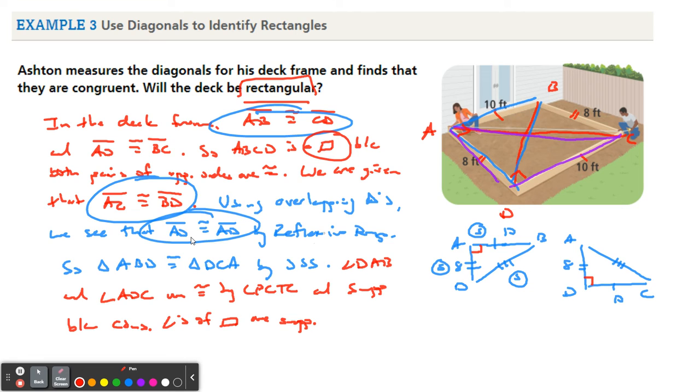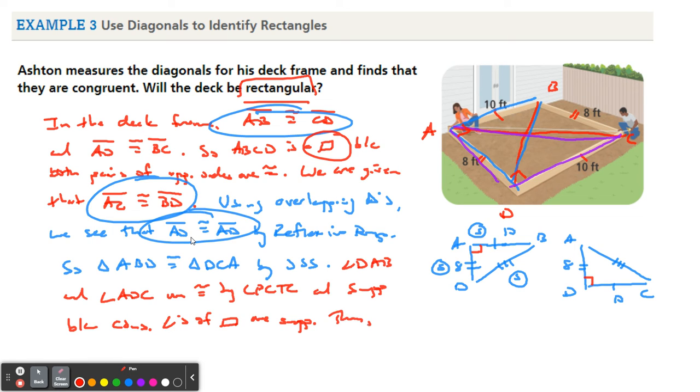Well, think about this. If two angles are congruent and they're supplementary, congruent means they're the same, supplementary means they add to 180. What do their measures have to be? Their measures each have to be 90. And therefore, DAB and ADC are right angles.